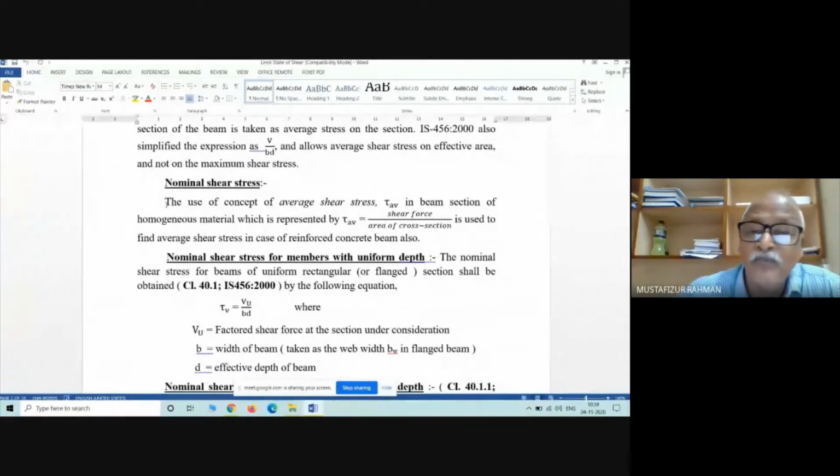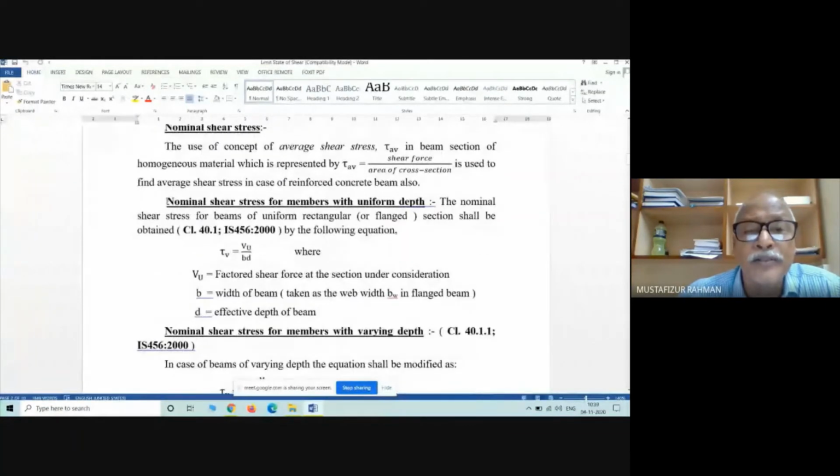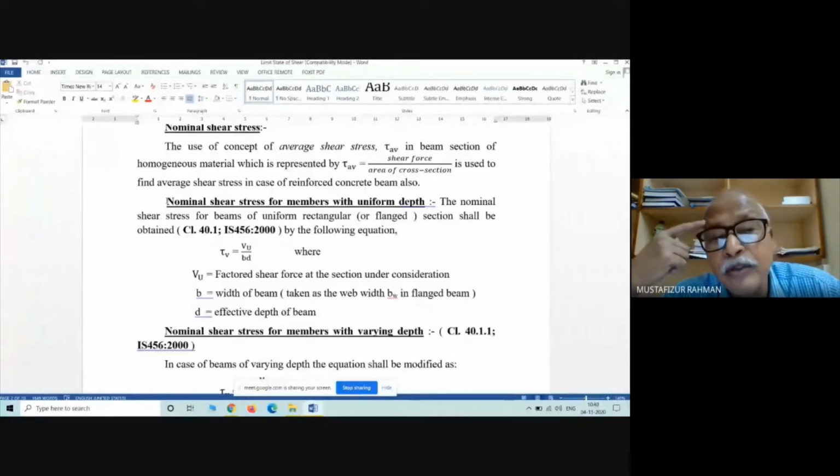Now we are coming to the code. What is the nominal shear stress for a member with uniform depth? The nominal shear stress for beams of rectangular or flanged section shall be obtained as per clause 40.1 of IS 456:2000, given by tau v. Previously we had written tau average; tau v is equal to Vu by bd.